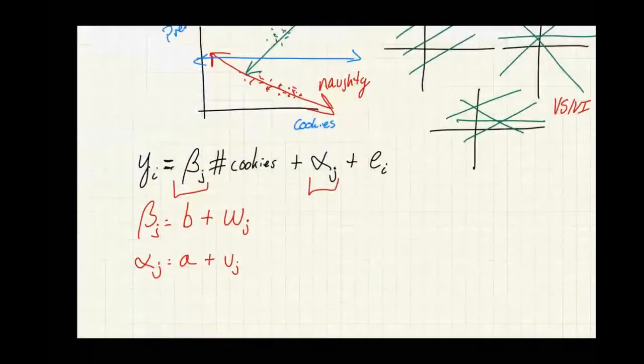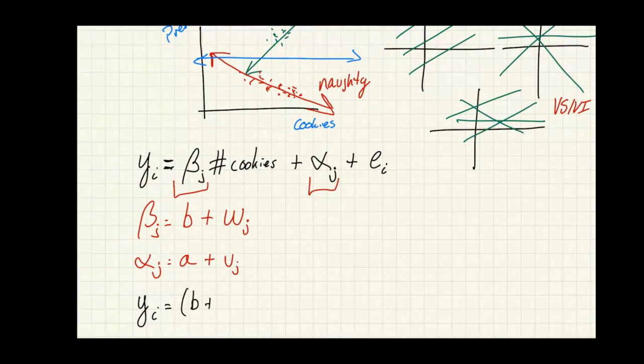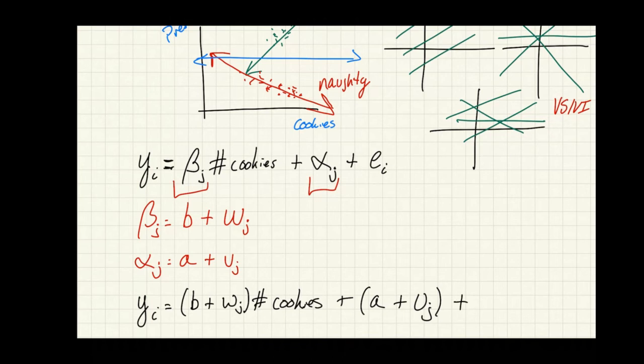Substituting those back in, we get the classic statement of the fixed effect model, or the mixed effect model, which is B plus Wj times the number of cookies at the fireside, plus A plus Uj, which is the constant and the error term.